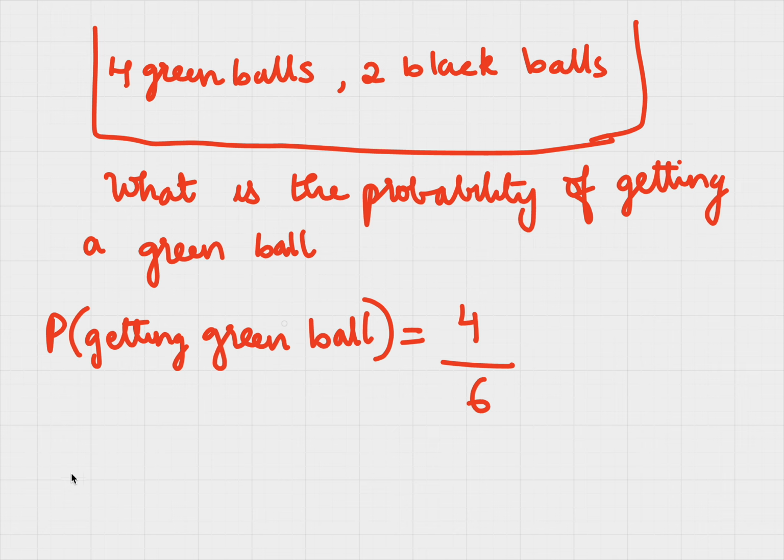In the previous video, we talked about certain events and impossible events. Certain events are those that will definitely happen, so for certain events, probability will be 1. And for impossible events, probability will be 0.